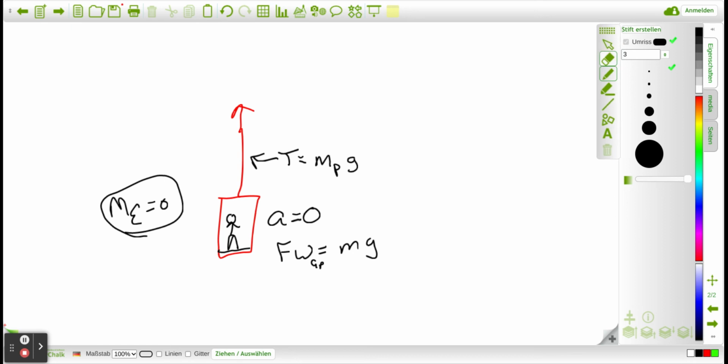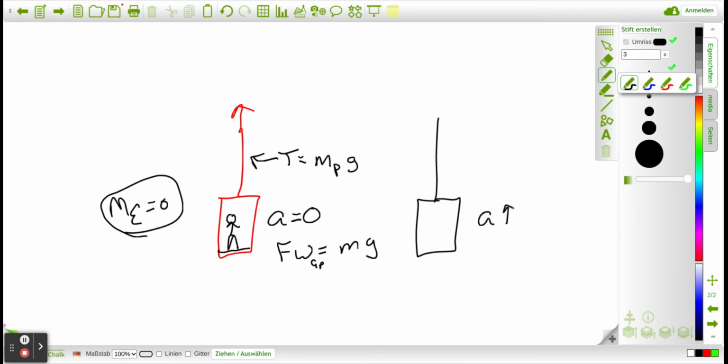If the person is now accelerating upward, what we find is that as they accelerate upward, the tension in that string has to equal something a little bit more, because if it's just pulling with the mass of the person times gravity, then there's no extra force to cause the acceleration.